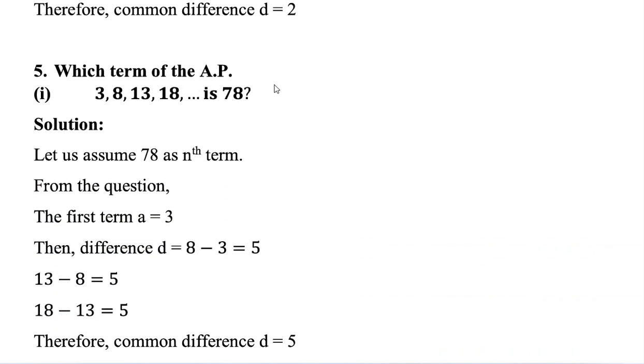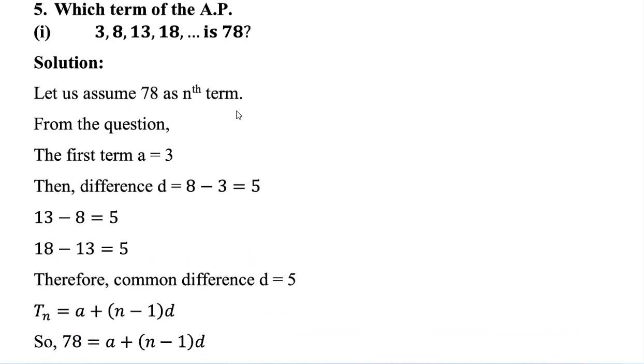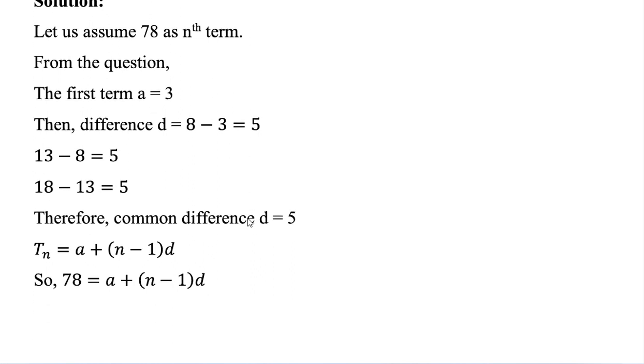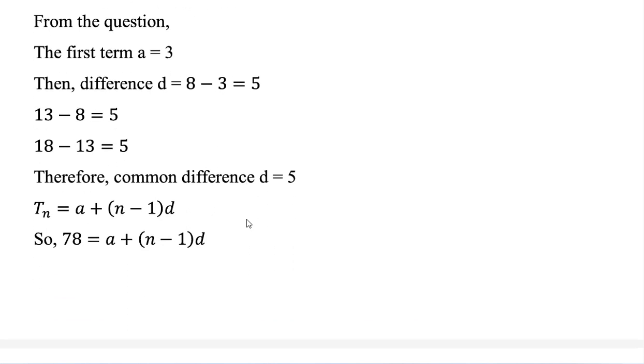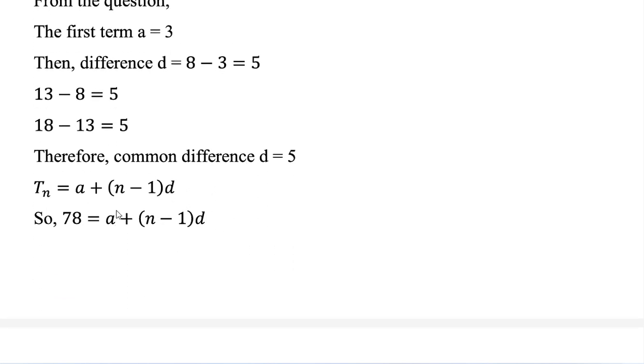Which term of the AP 3, 8, 13, 18, dot dot dot is 78? So write the first term, A is equal to 3, common difference 8 minus 3 is equal to 5. So 78 is which term? Let's assume that the nth term will be 78.